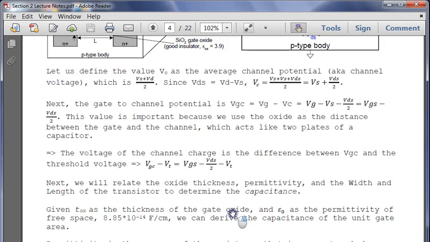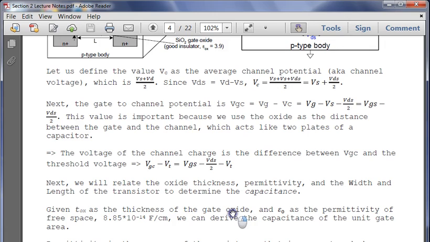When you're working on problems that relate to a specific equation or variable, I'll have the constants on here. For example, I talk about the permittivity of free space, 8.85 times 10 to the negative 14 farads per centimeter, because we're relating it to capacitance, and we're going to be able to derive the capacitance of the unit gate area because we're going to be talking about width and length.